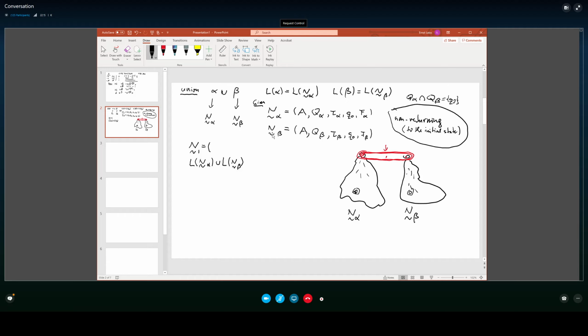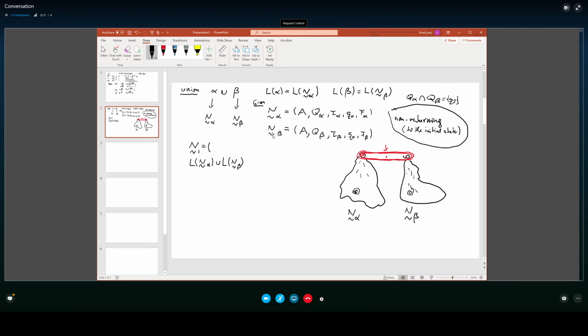So given this drawing, which informs the construction that we're carrying out, what would you suggest should be Q1? Union of alpha and beta, the initial state of Q alpha and Q beta.